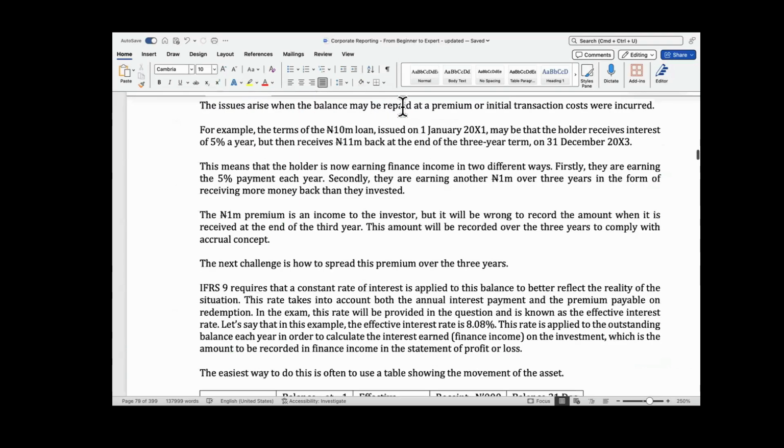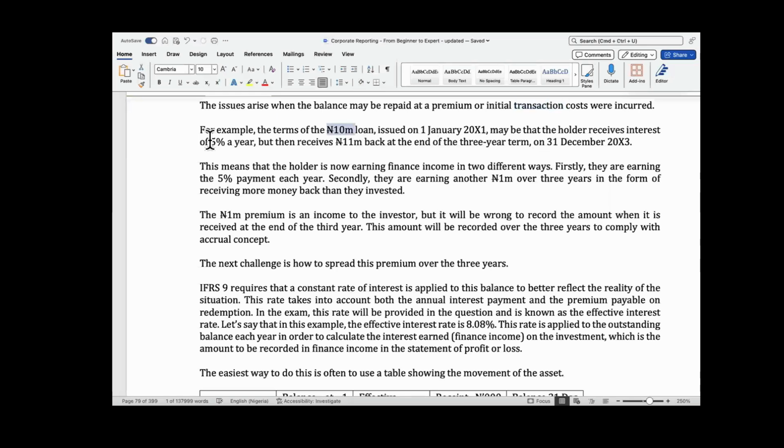However, there are instances where the loan will be repaid at a premium, or where there are initial transaction costs. That's where there might be a little bit of a deeper look. So for example, now, you gave somebody 10 million at the beginning of the year.